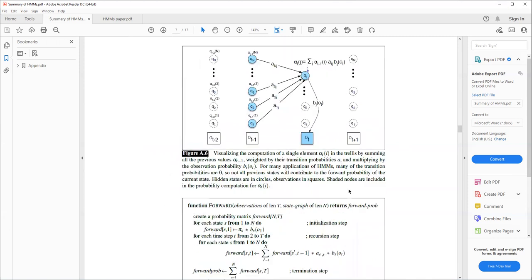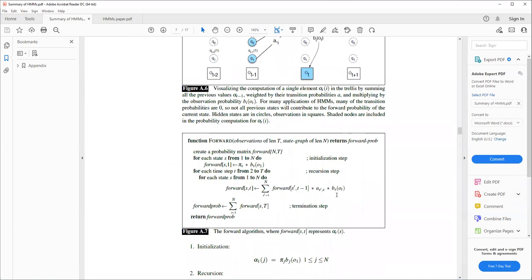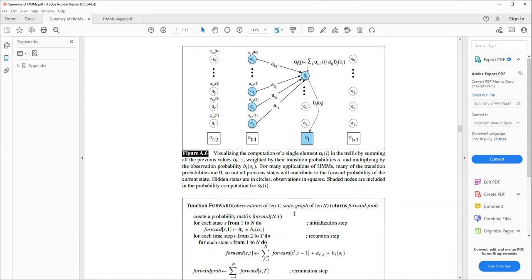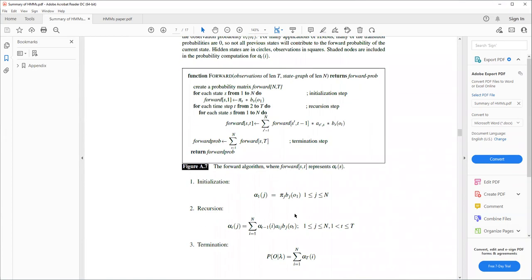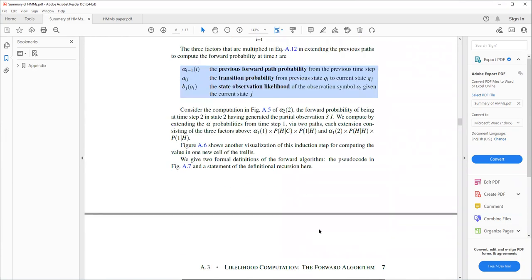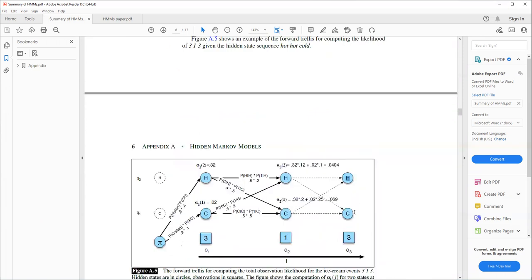So the final computation here, you need to remember, is basically the sum of both of these values, the alpha variable here and the alpha variable here.